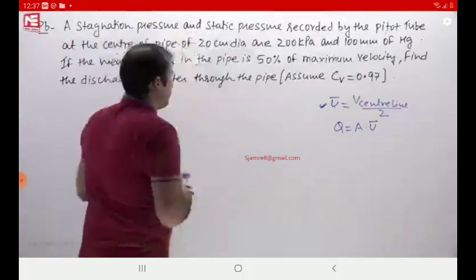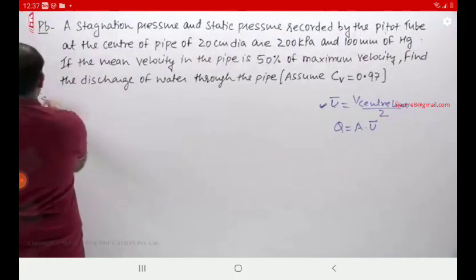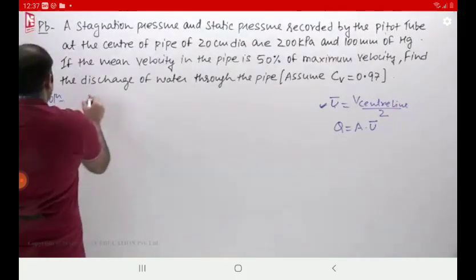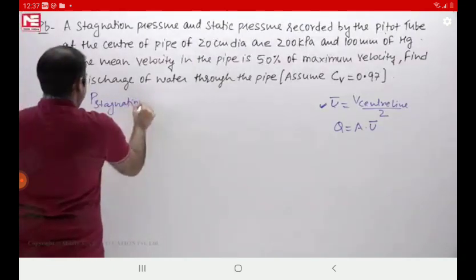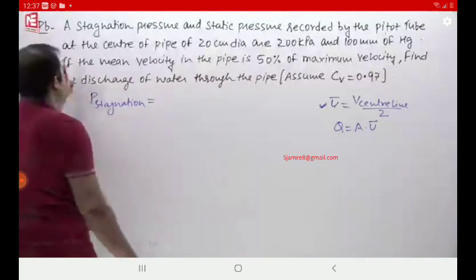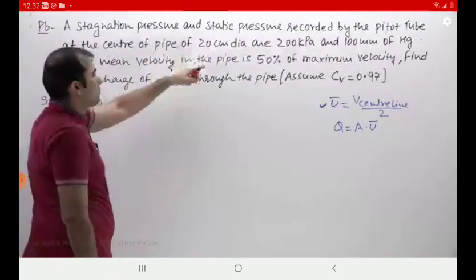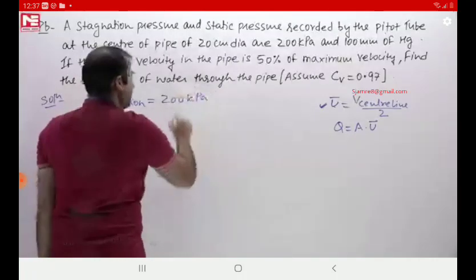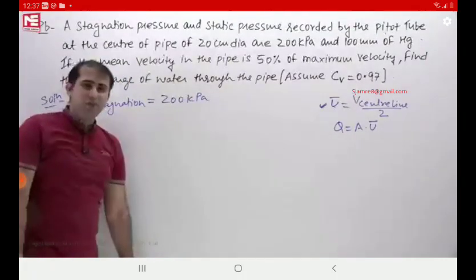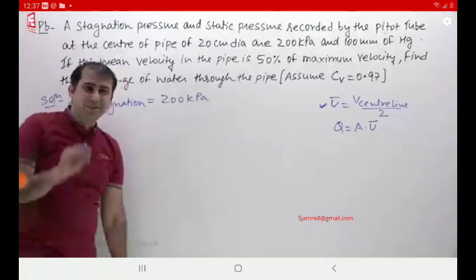देखिए क्या दिया है, the stagnation pressure. Okay. Solution part. P stagnation is equal to, क्या दिया हुआ है? The center दिया हुआ है. They have given 200 kilopascal. So you can find the value of pressure here, stagnation pressure.